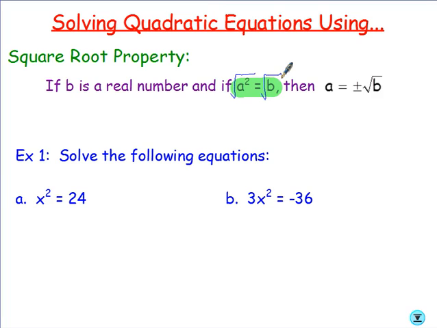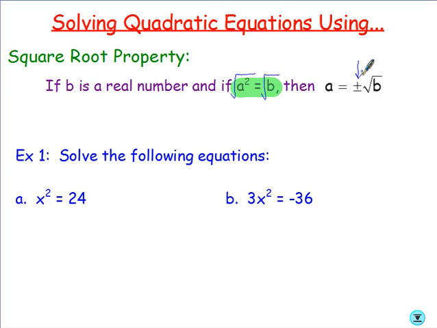And squares and square roots cancel, which is why we have a over here, and the square root is with the b. This plus or minus is super important. Whenever we are solving an equation that has an x squared in it, there will always be two answers. There's a positive answer and a negative answer, and it's whatever the square root of b is.